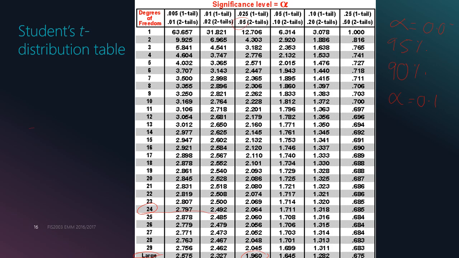Sebab dalam konteks contoh tadi, area rejectionnya kiri dan kanan. Yang ni adalah area yang kita fail untuk reject. Dalam contoh-contoh tadi, tak ada condition yang mengatakan sampel ni lebih besar ataupun lebih kecil.